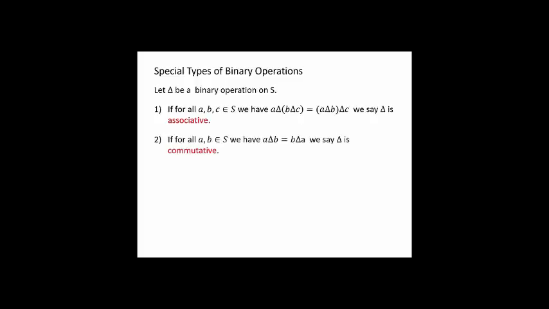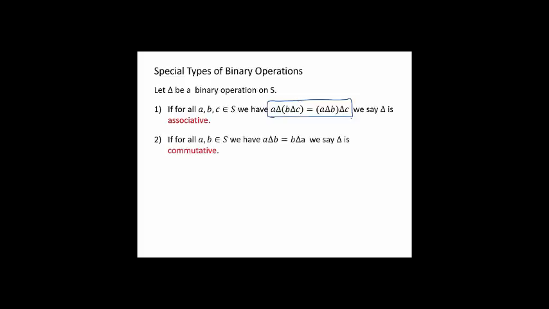You've seen these properties many times, probably since before high school. If for all A, B, and C in S, we have this holding true, in other words, if you operate B delta C first and then A, it's the same thing as A delta B first and then delta C, that means that the operation is associative.